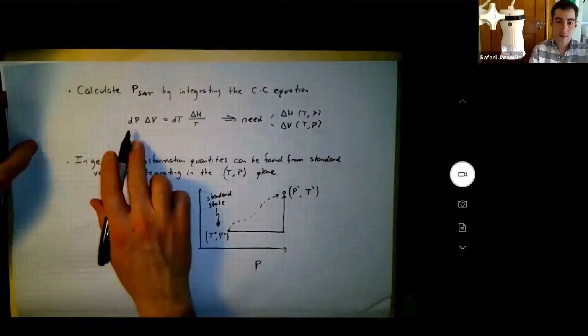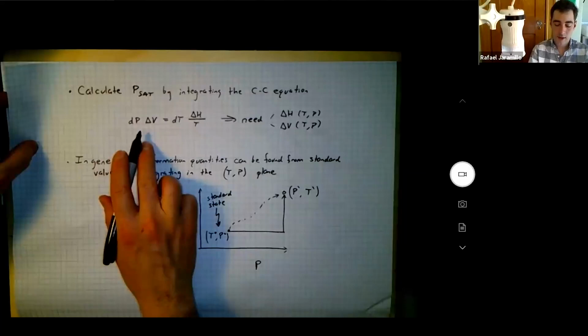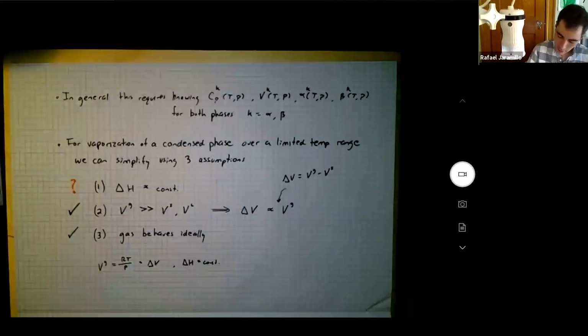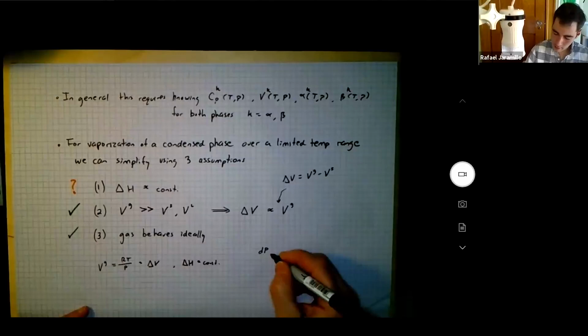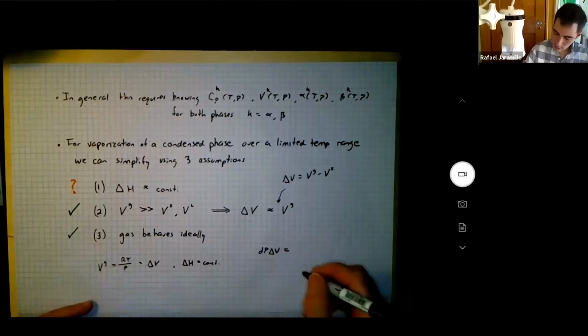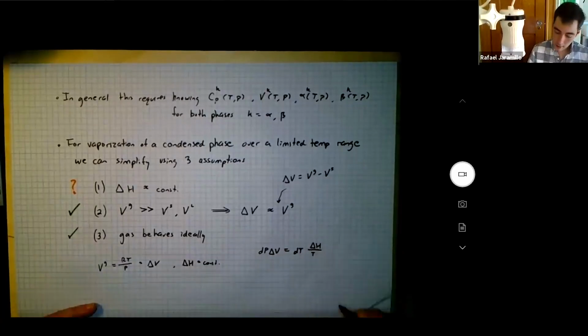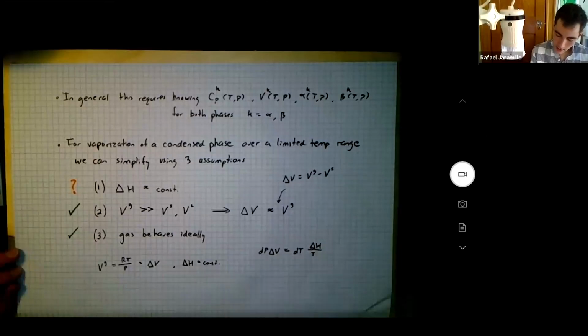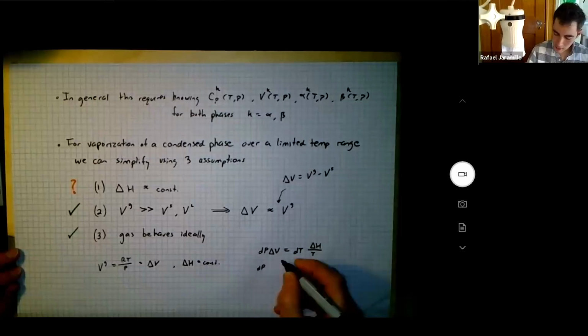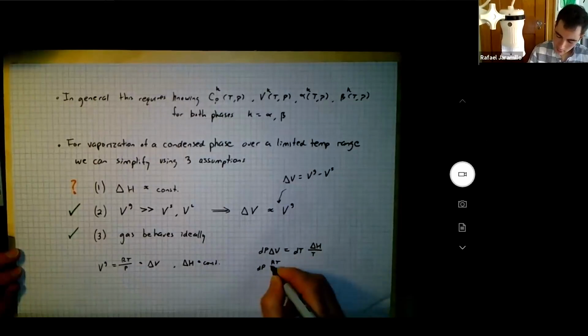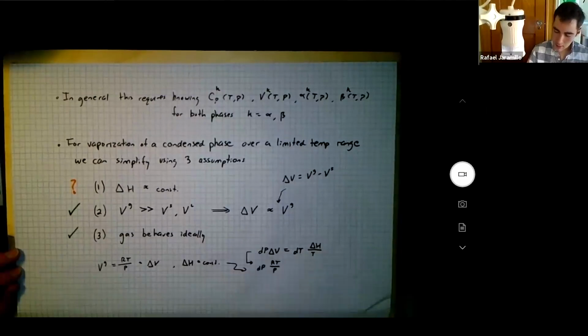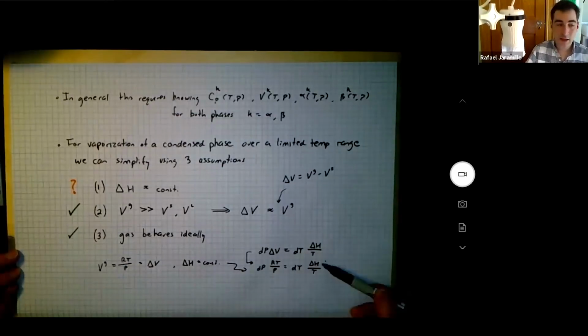I have dP delta V equals dT delta H over T. And so we have dP times RT over P equals dT delta H over T. So delta H is a constant, that's our approximation.